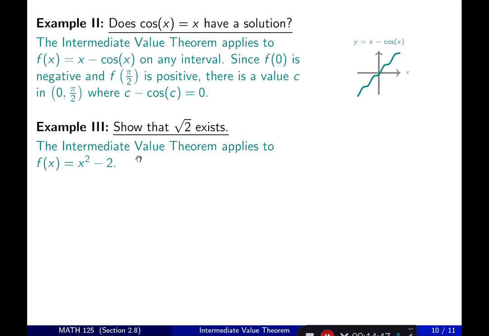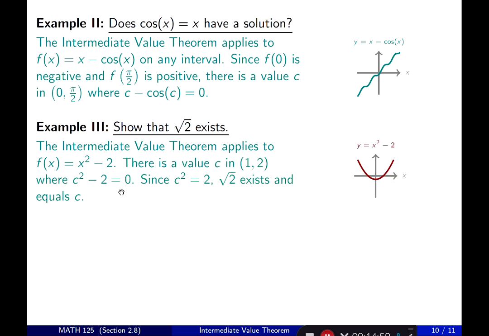And so we can apply the intermediate value theorem to x squared minus 2. If you plug in 1, I'm sorry, you get -1, and if you plug in 2, you get 2, and therefore there should be a 0 between 1 and 2 for the polynomial.